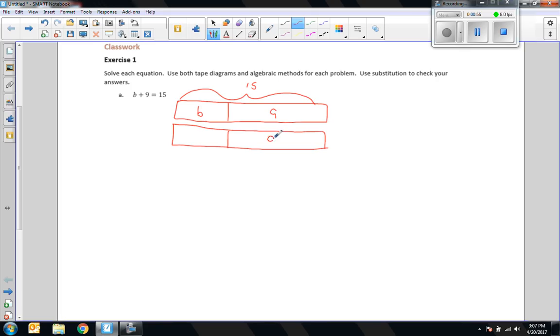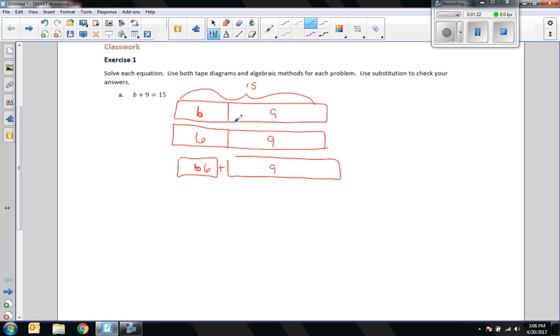So I know this is 9. 9 plus some number will give me 15. So now my B is going to become 6. 9 plus 6 is 15. So my tape diagram would be my B, which is 6, and my 9, which is B plus 9, or 6.